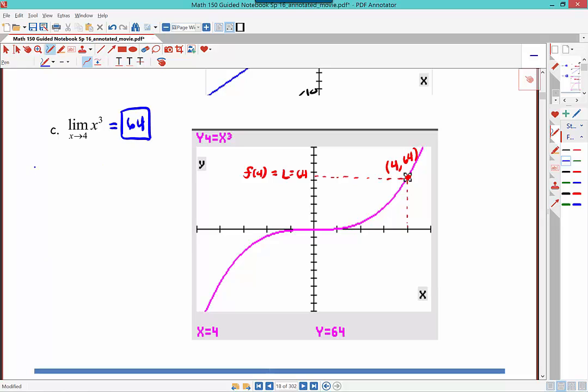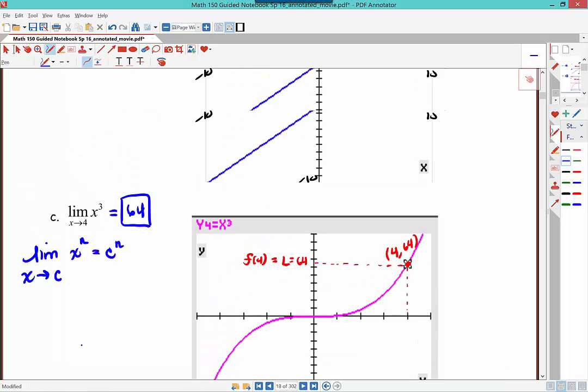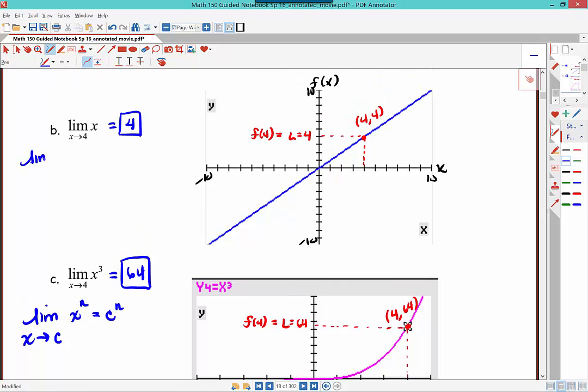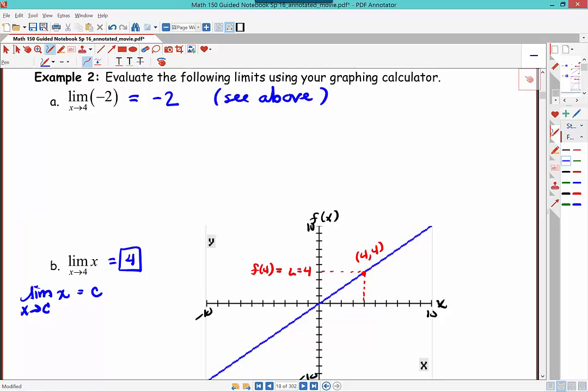So this corresponds to the limit as x approaches c of x cubed equals c cubed, which actually I'm going to put n so you have the general formula next to it. And then this one was the limit as x approaches c of x is just going to be c. And then up here, this was that horizontal line. So the limit as x approaches c of this constant b is just going to be b.